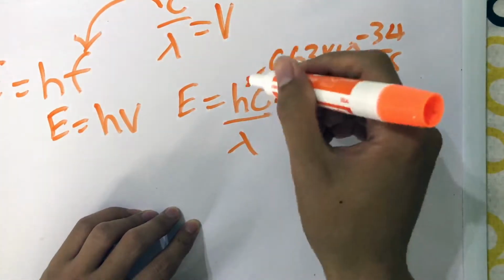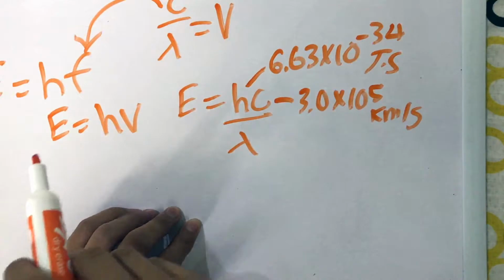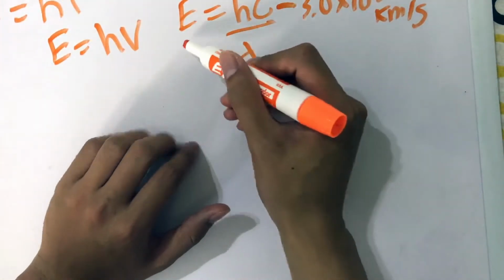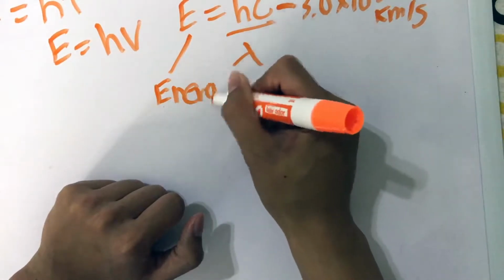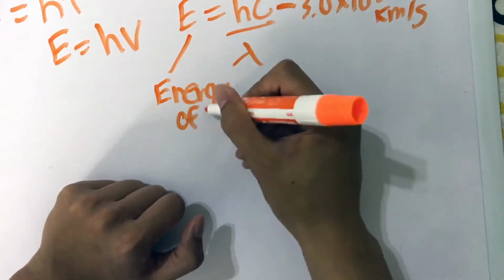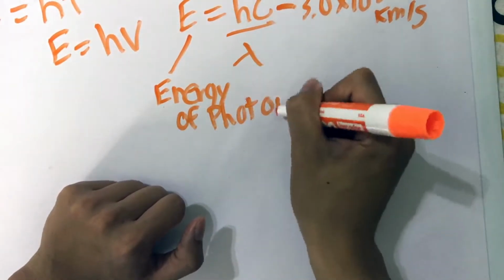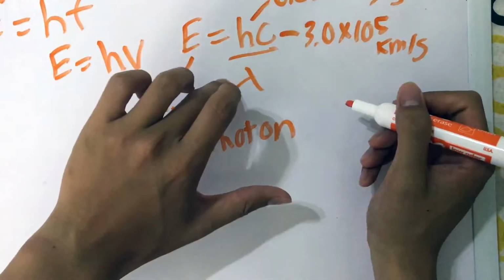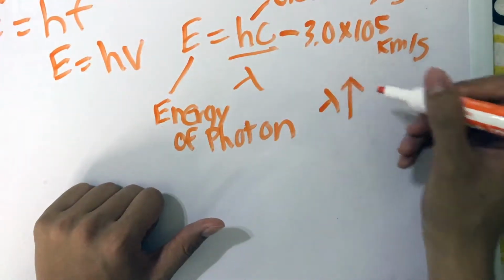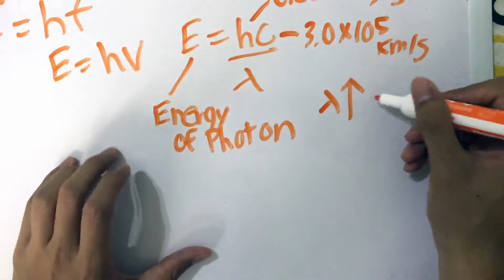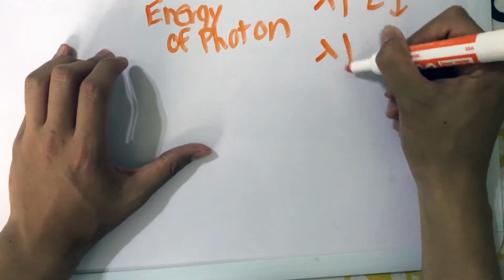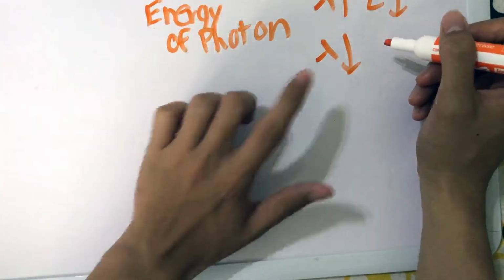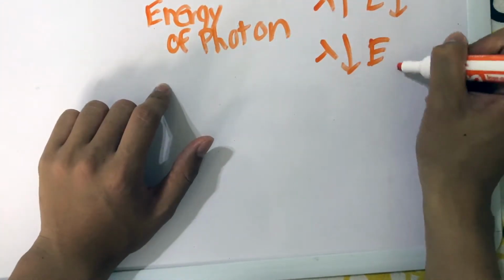So because both of these variables are constants, we can determine the energy of a photon by figuring out its wavelength. And if the wavelength is greater, then we would see energy going down. If the wavelength is lower and frequency in this case is higher, then energy would be increasing.